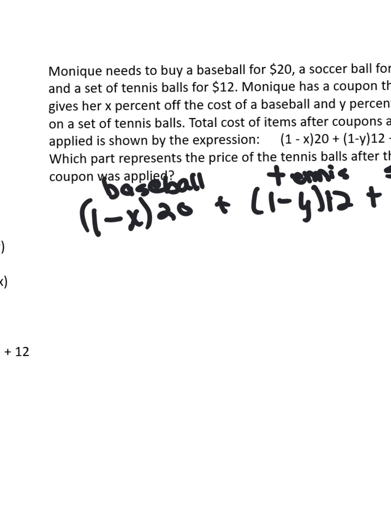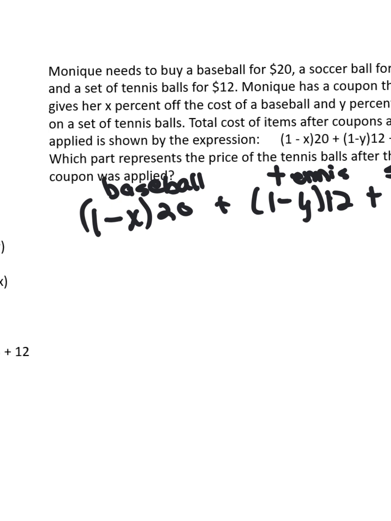Now, the X represented the discount for the baseballs. The reason that we subtract that X is because it is a discount. So if a baseball costs, let's say, $10 and there is a discount of 2, then we would subtract that $2 from 10 to get the final cost of the baseball.